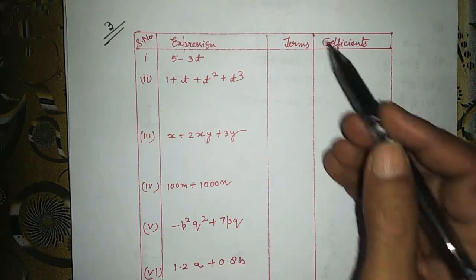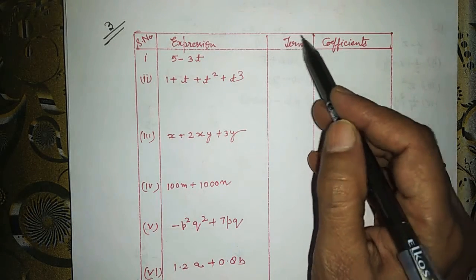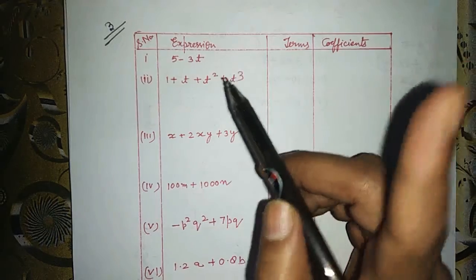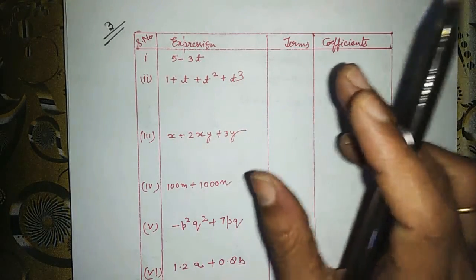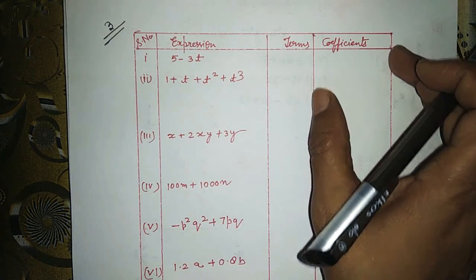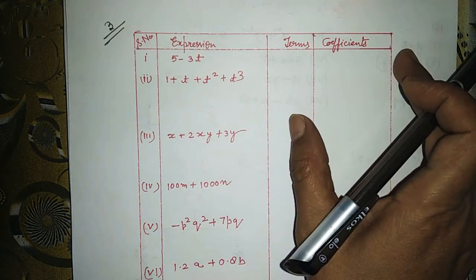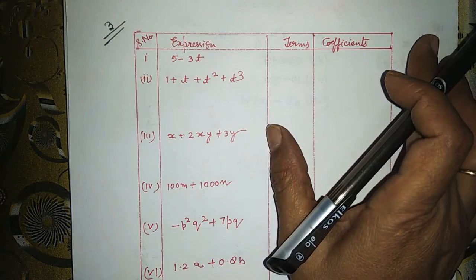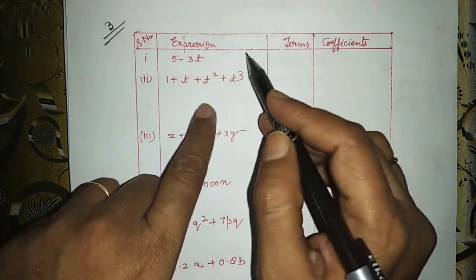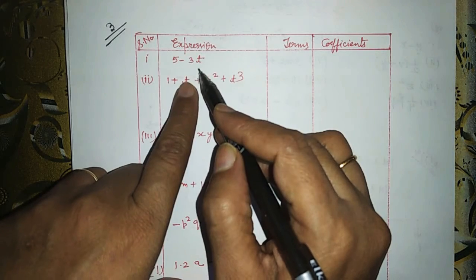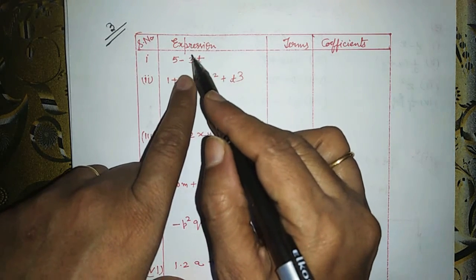Okay, so which type of terms do we have to write here? Terms which are not constants. And which type of coefficients do we have to write? We have to write numerical coefficients. Here, which term is not constant? Here minus 3t.